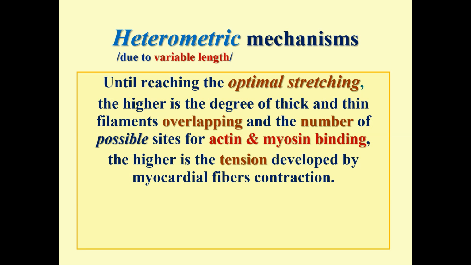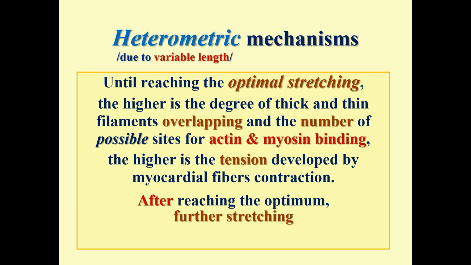Something like this we have already studied, and this is characteristic not only for the heart but also for the skeletal muscle. And when this optimal stretching, maximal necessary to produce maximal response, is reached, further stretching will decrease progressively the tension developed by the heart contractions.